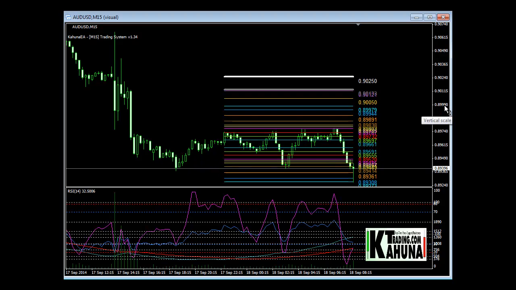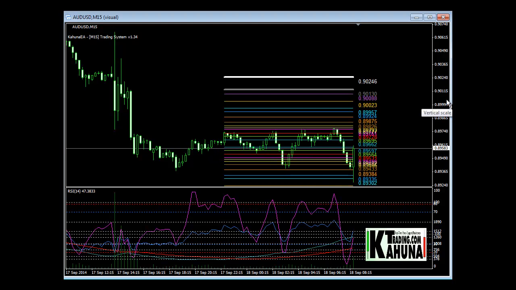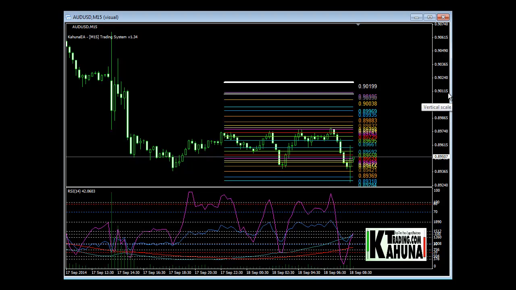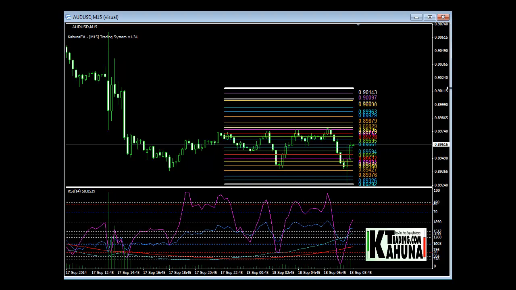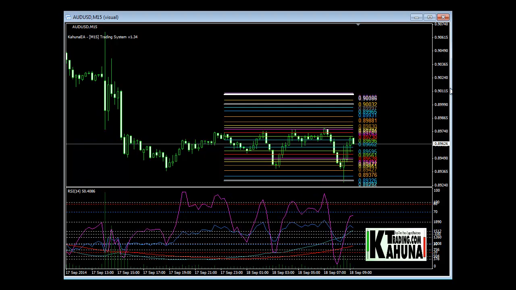So I can expand everything, but it's going to make it a little more difficult to see the floor. I do want you to see the details, though, inside here, where things are moving from to where they're holding, how they keep hitting Kahuna lines.